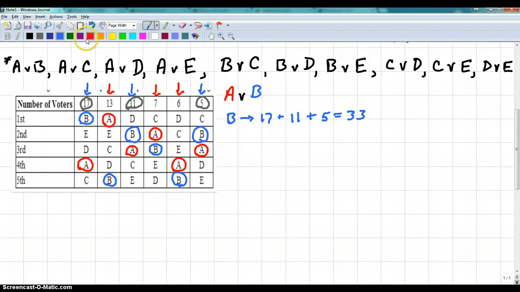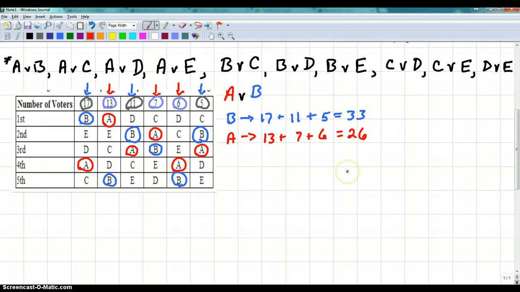And then we're going to do that for A. In the second column, the fourth column, and the fifth column, we see that A ends up with these votes. So we have 13 in the second column, 7 in the fourth column, and 6 in the fifth column. Then we add those together and get 26.